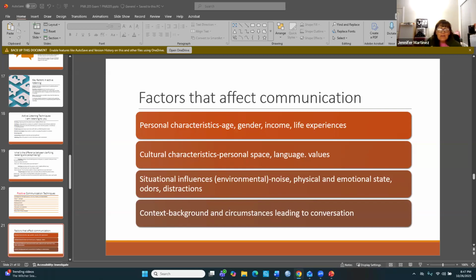And even the background and the circumstances leading to the conversation, right? Am I going in to have a happy conversation, or is this conversation about a potentially life-threatening diagnosis, a terminal diagnosis? What conversation am I going in to have with my client?